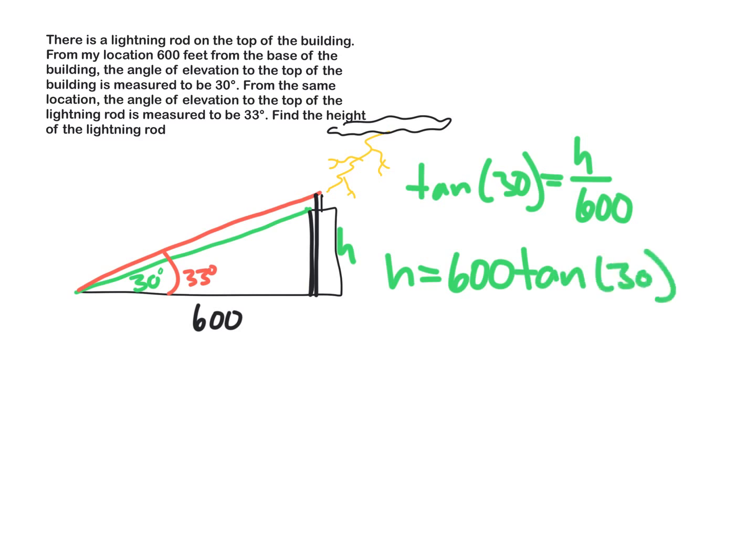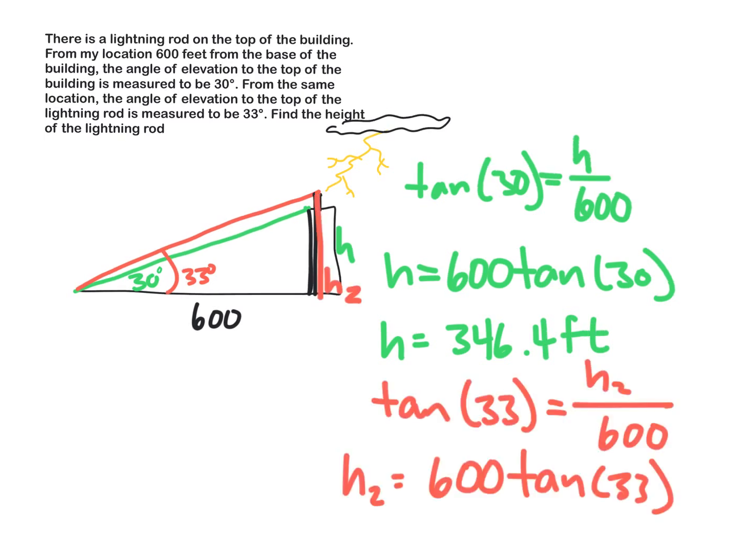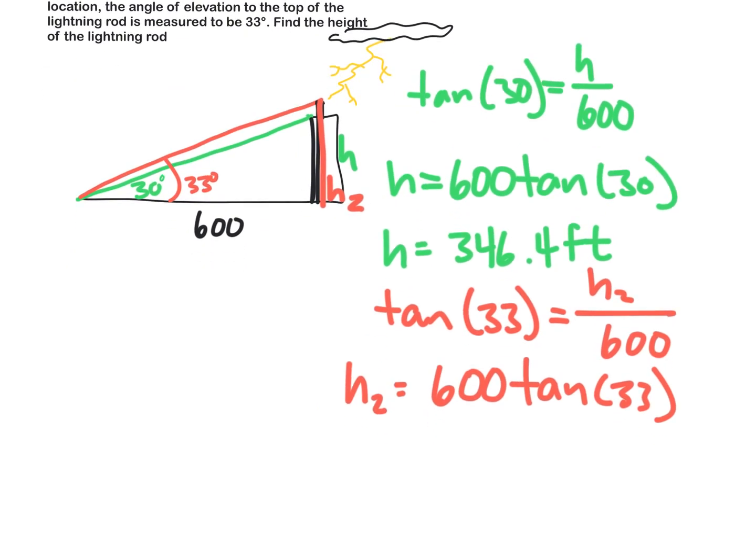So the height of the building is 346.4 feet. We can use the same method to find H2, is what I've called it. You can call it whatever you want, which is the height of the building with the tower. Okay, and doing this, we get that H2 is equal to 389.64 feet.